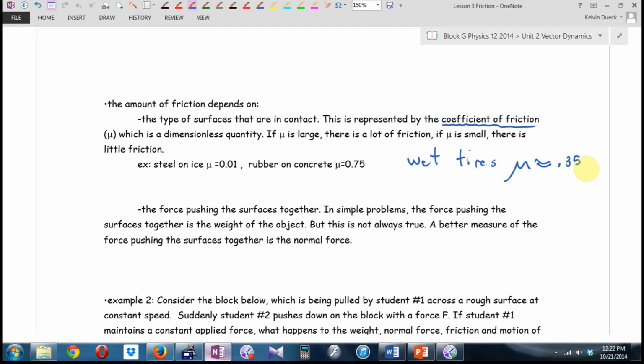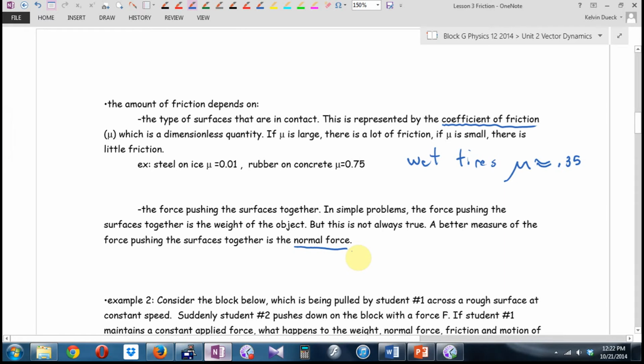So how big the force of friction is depends on mu, how sticky the objects are. And it depends on the forces pushing surfaces together. Last year, that was almost always gravity. This year, that will almost always not be the case. The force that pushes surfaces together is the normal force.